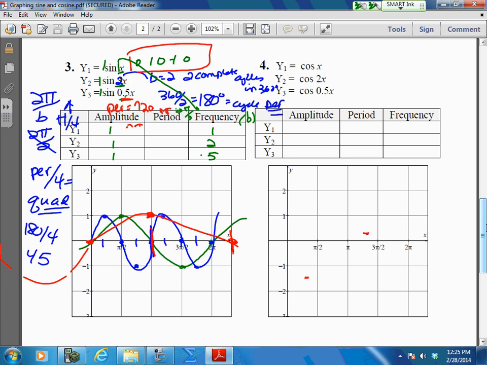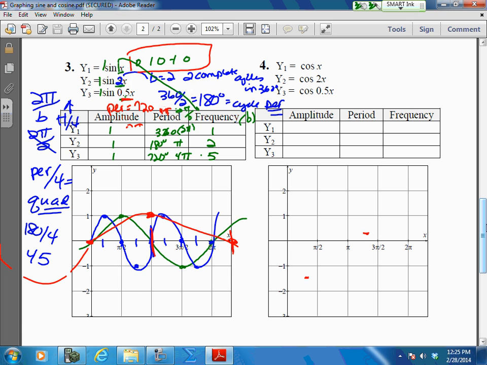Now I want to know how long does it take to complete one curve. So 360 or 2 pi, whichever one you want to call it, 180 or pi. And this guy, good, or 4 pi.